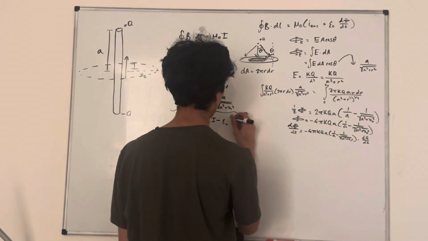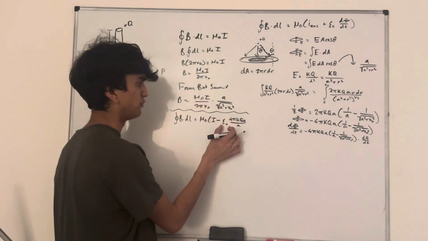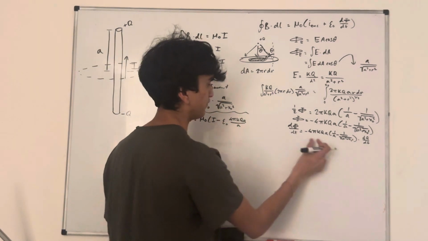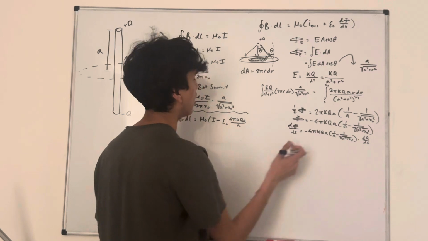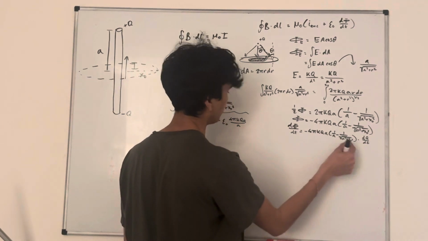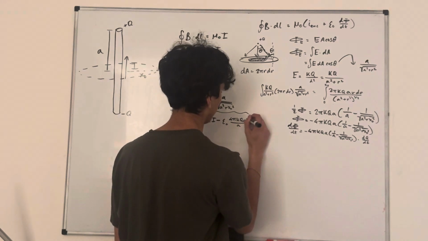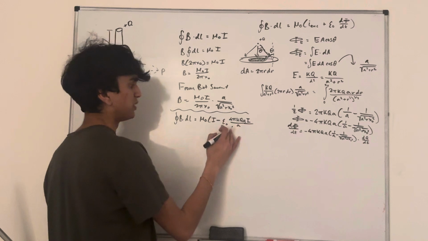So 4 pi k q a over a. I'm distributing the epsilon naught to each term. So the first term, I have to multiply by I. I'm going to take this term and multiply it to each of these fractions, so times I. And then I'm distributing epsilon naught there.